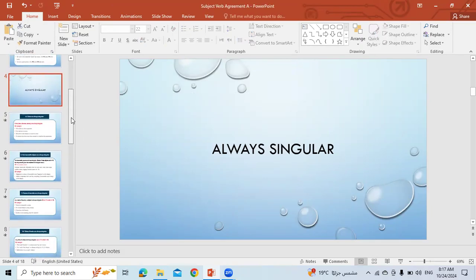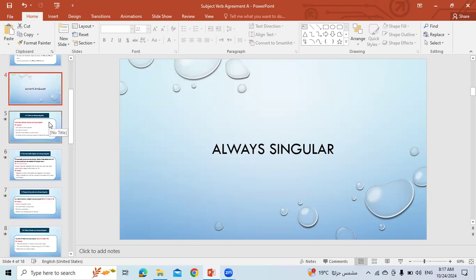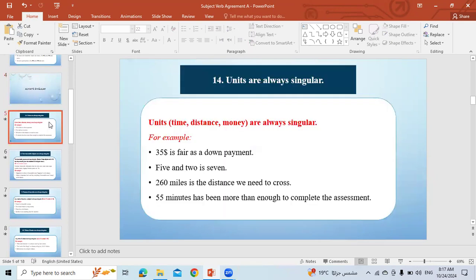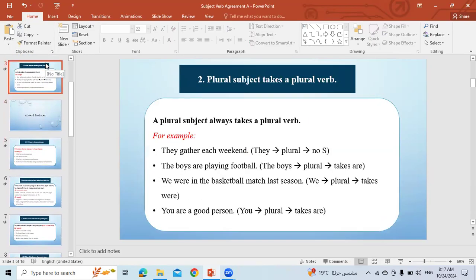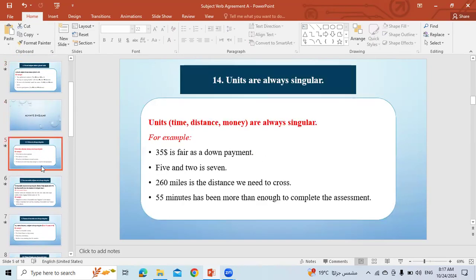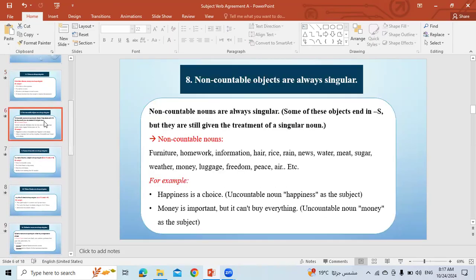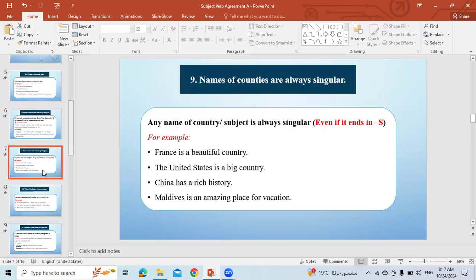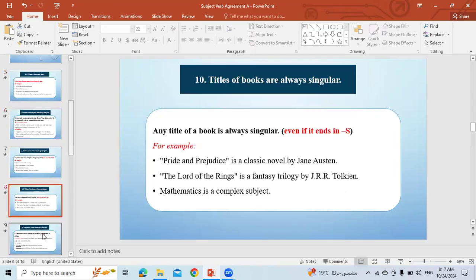So now, what are the always singular again? Time, distance, money, sentences which start with ing. Yes, units and countries. Uncountable, non-countable objects. And each, one, words like this.